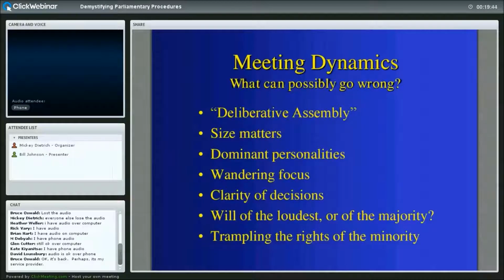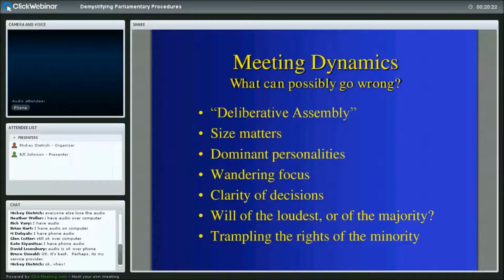And generally speaking, the larger the group of members in this deliberative assembly, the more important it is to follow the rules well, because you have a lot more opportunity for things to come off the rails in a big crowd of people, where there's more likely to be people unruly or disruptive or trying to take the conversation in a different direction. So you've all been in meetings where somebody loud and boisterous tends to dominate the meeting.